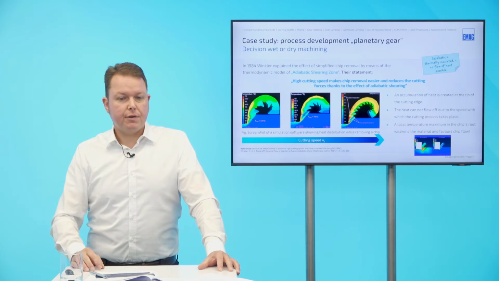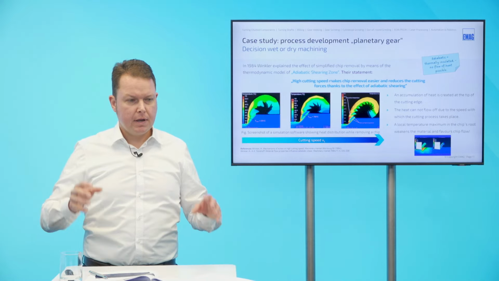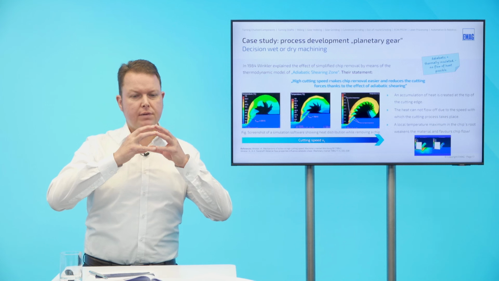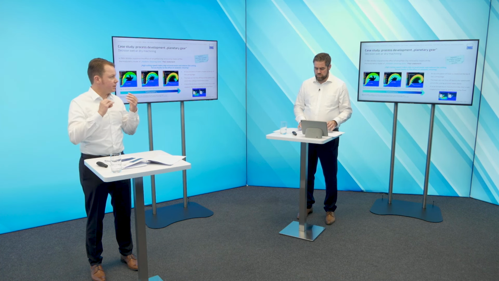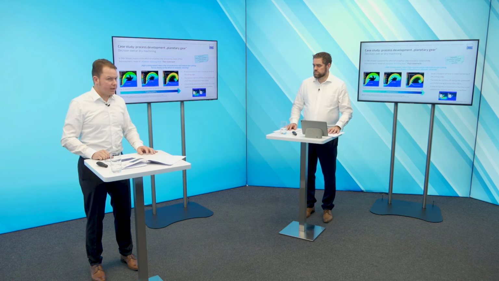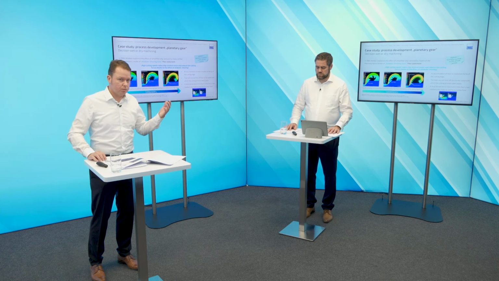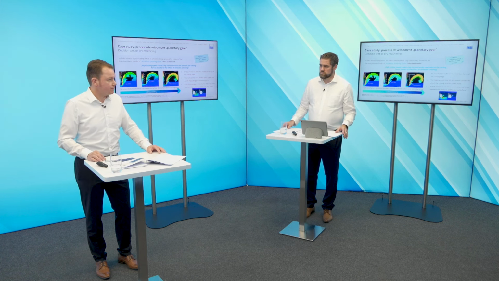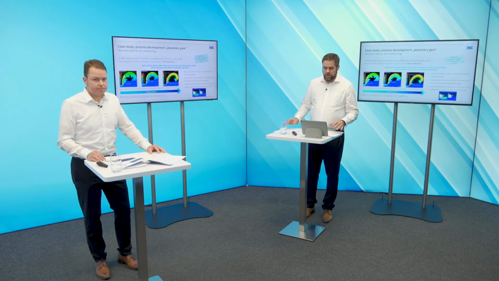What can happen if we have too much energy in such a process? It may happen that we have so much heat that we change the microstructure of the previously hardened material again, and then we will have a soft spot on the gear's flanks, and this is what we want to avoid, of course. So there are limits, and we have to make ourselves aware that these limits are there, and we know them. Thank you for answering this question.